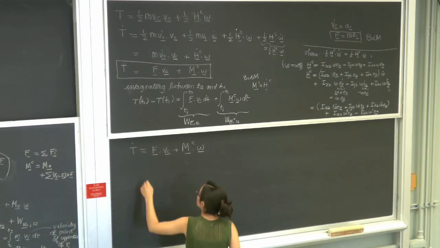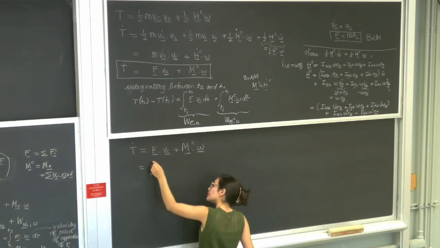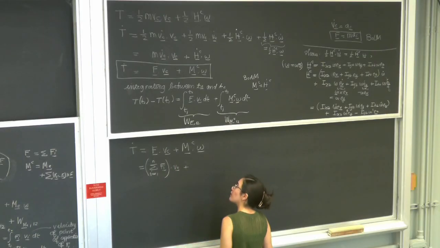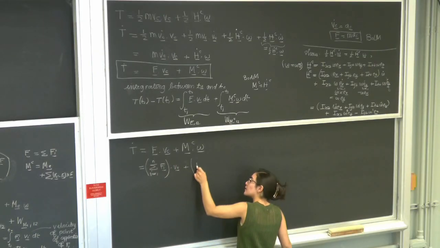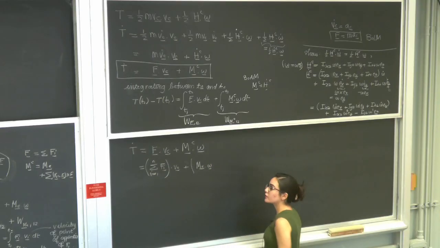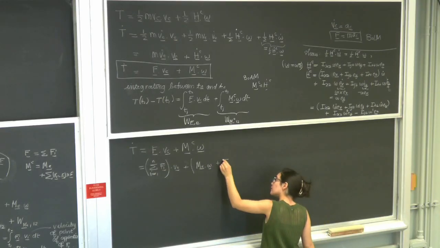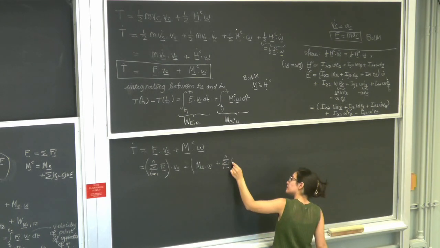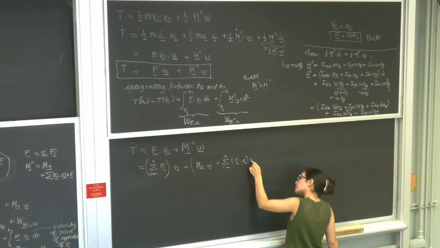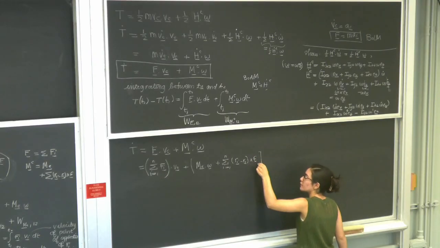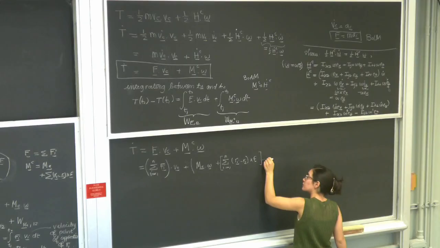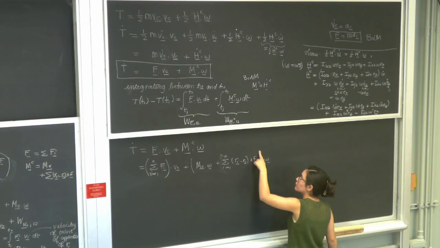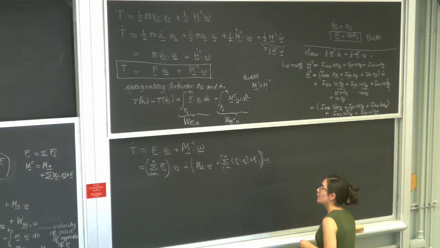Okay. T dot is the sum, i equals 1 to n, of Fi dot Vc plus Mc, which is Me, dot omega, plus the sum, i equals 1 to n, of Ri minus Rc cross F, dotted with omega.